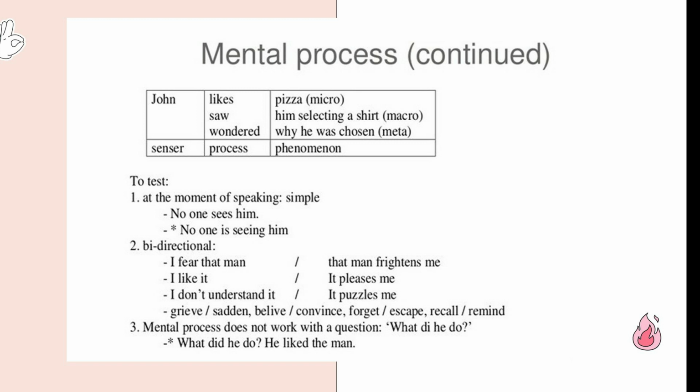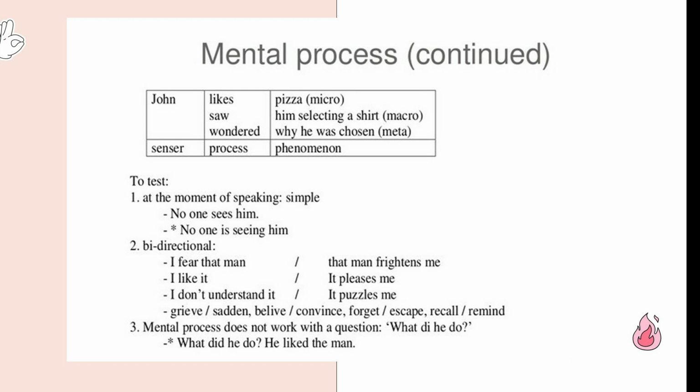Selecting a shirt is a macro phenomenon. So John is the sensor, saw is the process, and him selecting a shirt is the macro phenomenon. And then John wondered why he was chosen. Why he was chosen is the meta phenomenon. So John is the sensor, wondered is the process, and why he was chosen is the meta phenomenon.